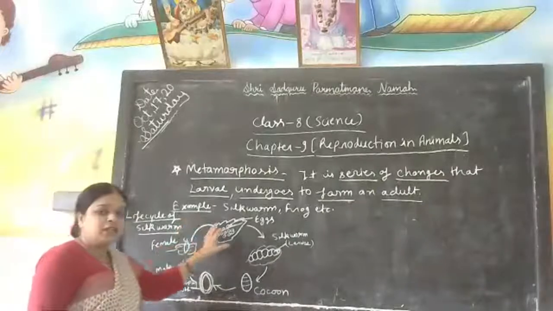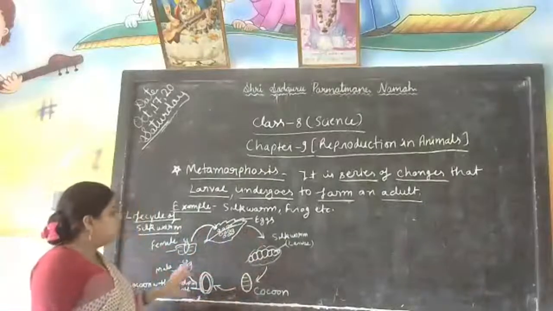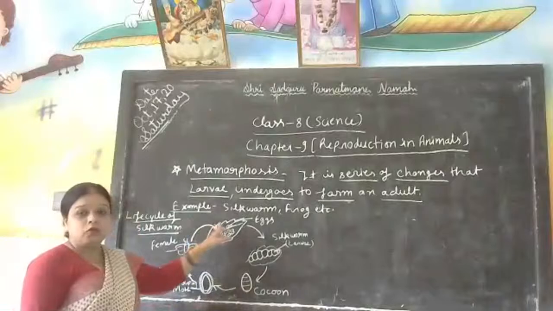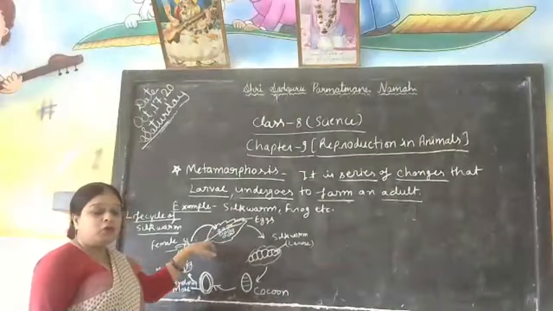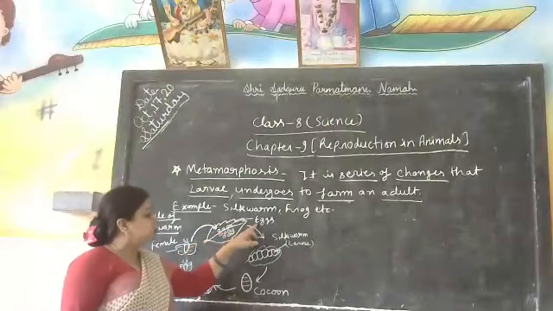This is an example of metamorphosis also. So you can see that this is a mulberry leaf, and these are eggs.